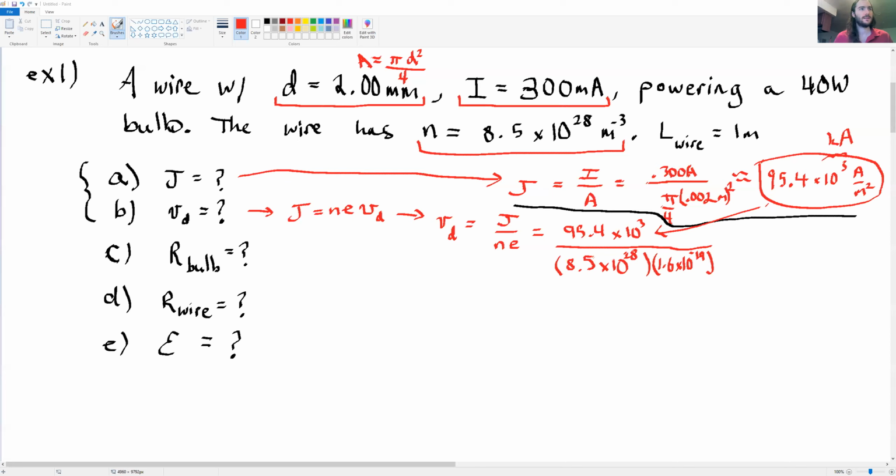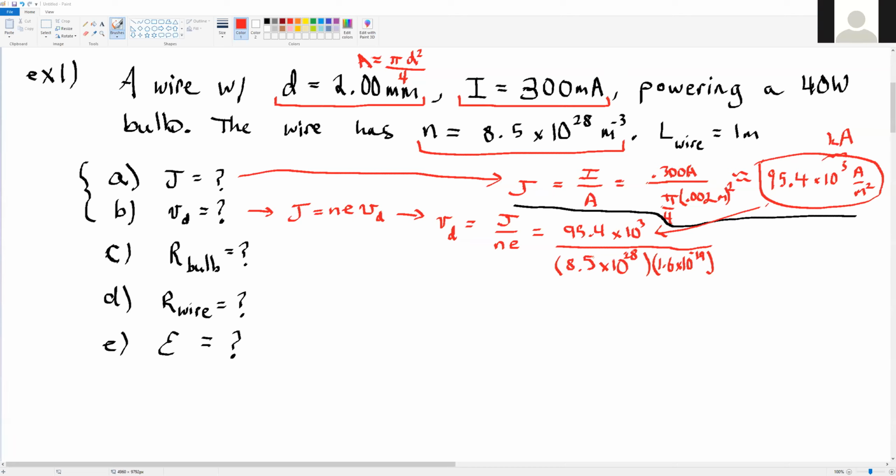Does that make sense? But we're mainly going to be dealing with copper, right? Whatever material I put on there, I'll give you the value. I'm not going to expect you to have it memorized. Like if I say silver, I'll just give you the value for silver. Thank you. Did that answer what the meaning is though?